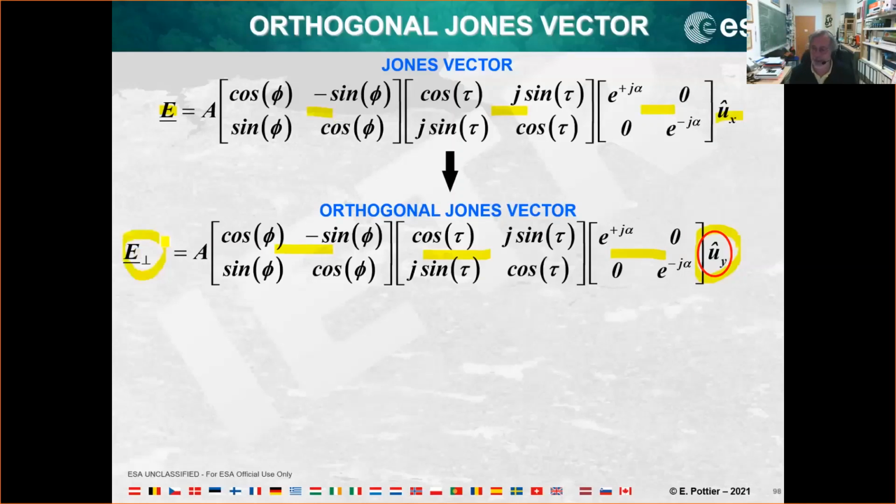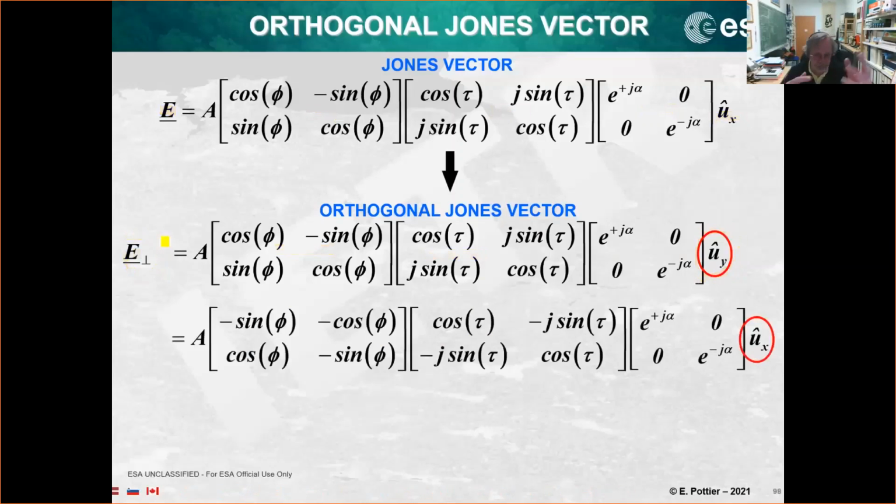Okay? And so what I'm going to do, I'm going to develop everything. And if I want to compare two things, I need to have exactly the same reference. So I need to have the horizontal unit vector. So like that, I can compare these two orthogonal Jones vectors. And if I compare, I shall get now these new matrices.